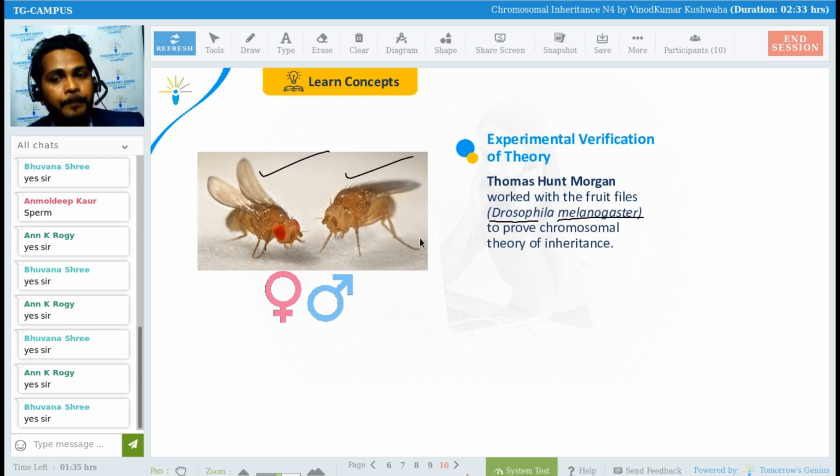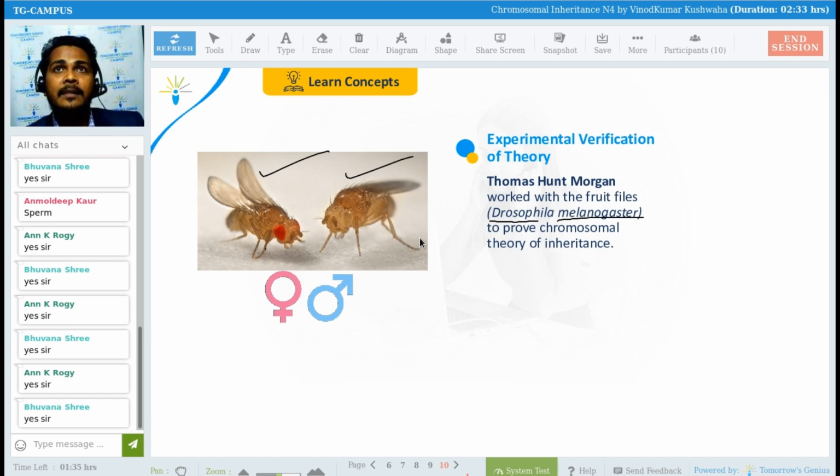He selected the fruit fly Drosophila melanogaster as experimental material because it is very small in size and has various advantages compared to the pea plant.